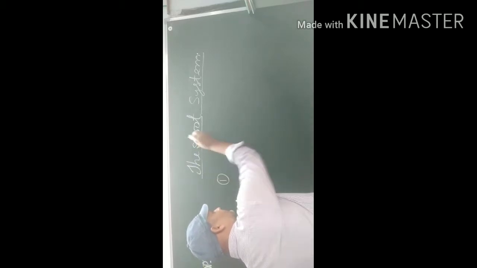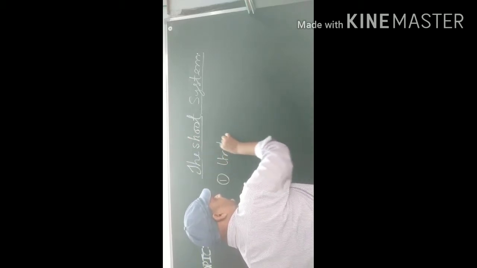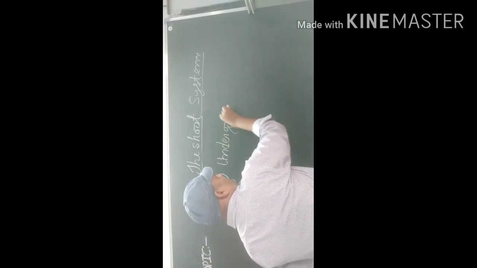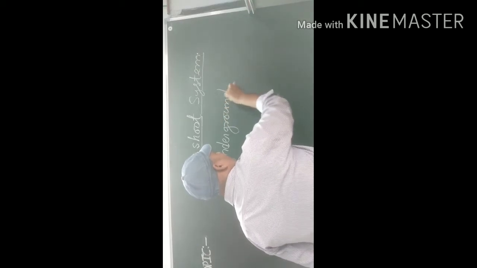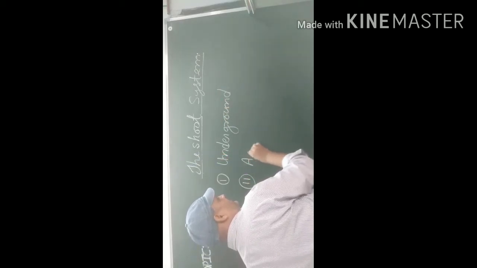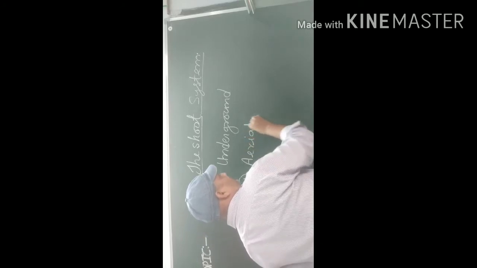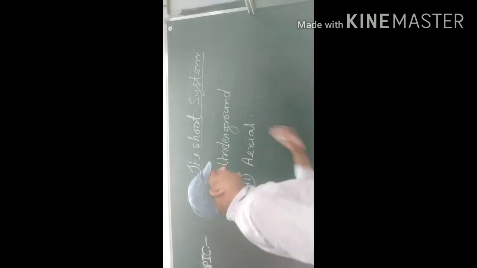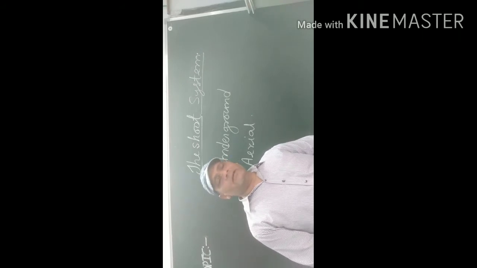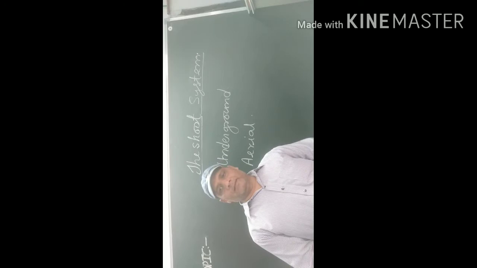The stems are found in various forms. Number one, underground stem, and second is aerial stem. Underground stems are those stems which are found in the soil.